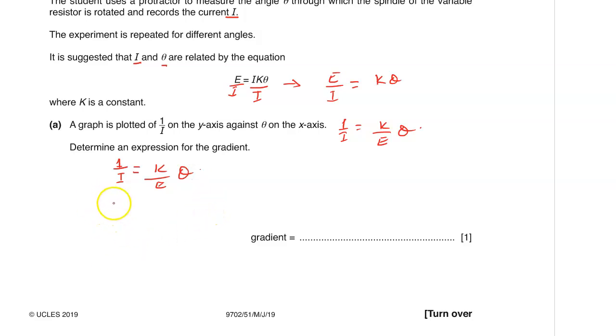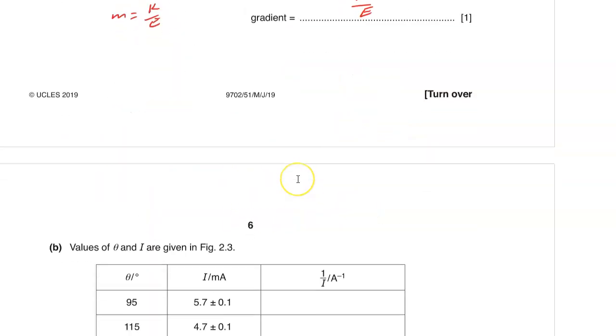I compare this with the straight line equation, y = mx + c, and therefore the gradient, because 1 over I is on the y-axis and theta is on the x-axis, my m will be equal to k over E. So the gradient is k upon E. That is the expression for the gradient.